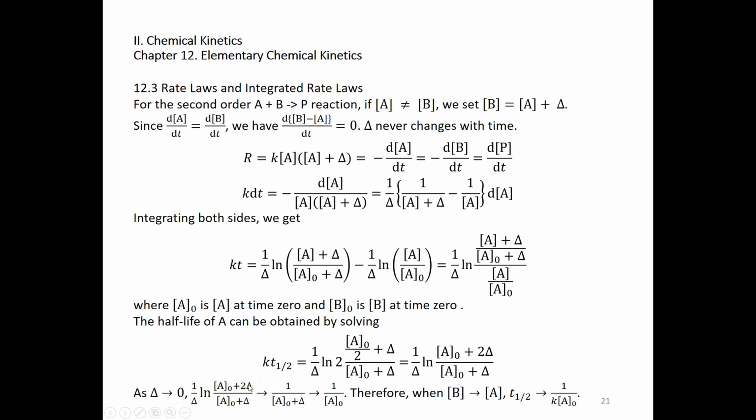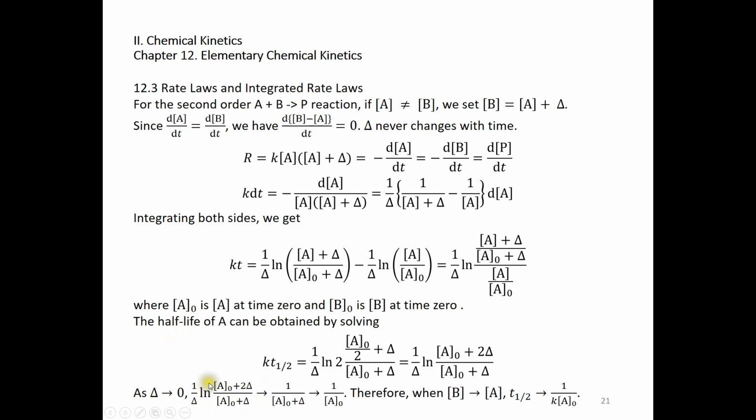So the logarithm of 1 plus x is approximately x, if x is really small. If x is really close to 0, let's say if x is 0.01, then the logarithm of 1.01 is roughly 0.01. That's just from the Taylor expansion of the logarithm.